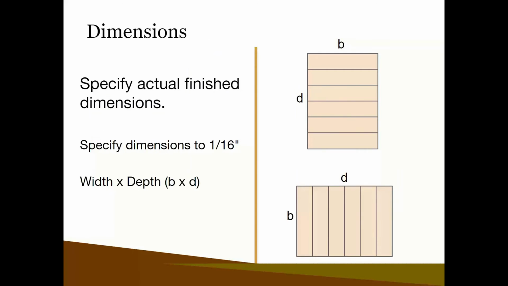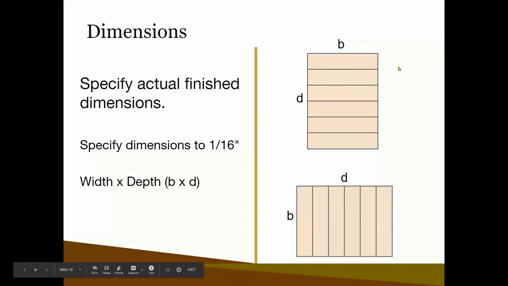Another note on dimensions, we're very particular on dimensions in the glulam industry. So we use actual finished dimensions. And we work typically within about a 1/16 of an inch for our tolerances. Steel, I think, is a 1/4 of an inch, and concrete is just out of control. So we're very precise.